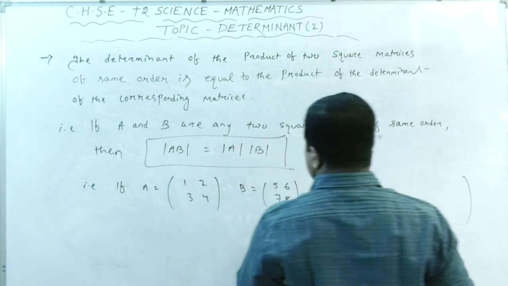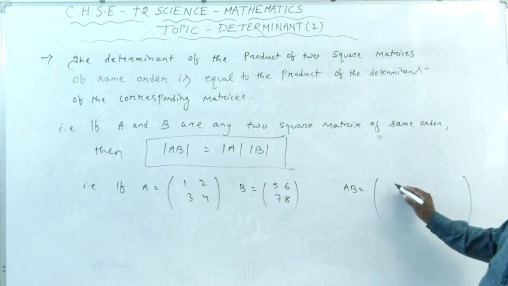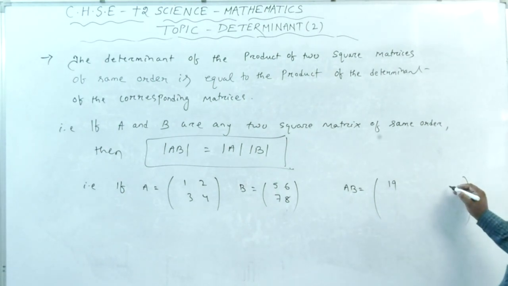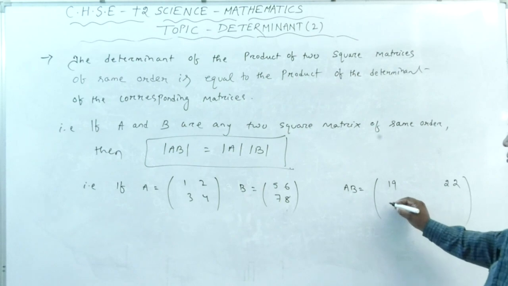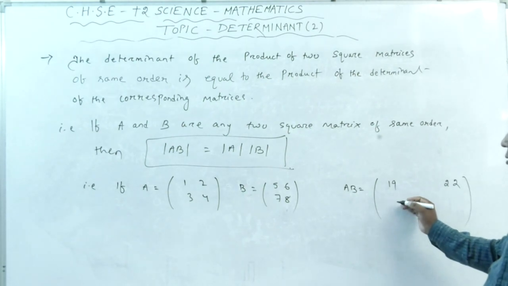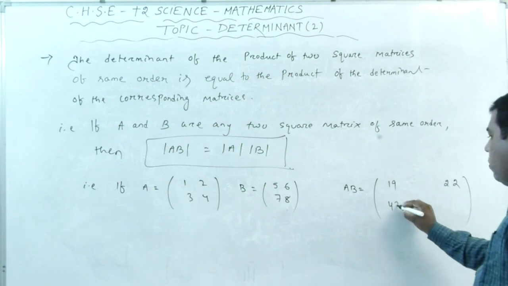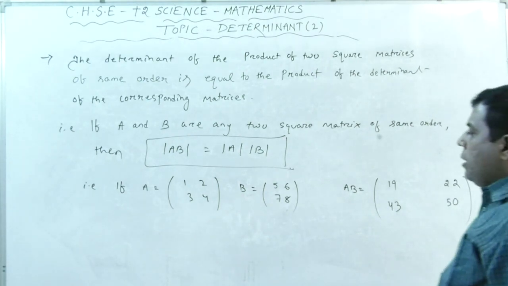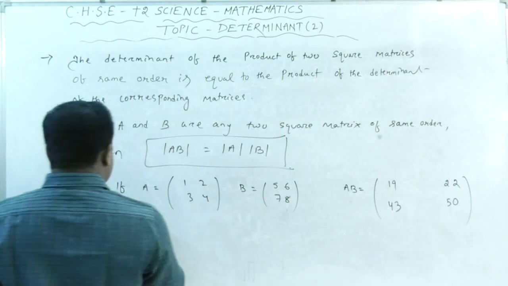The result is 19, 22, 43, 50. Now we can find the determinant value of each individual matrix.